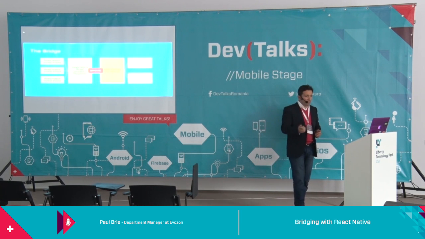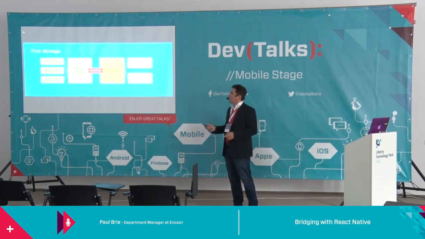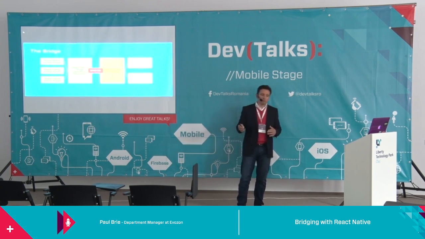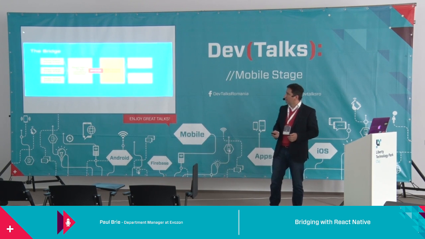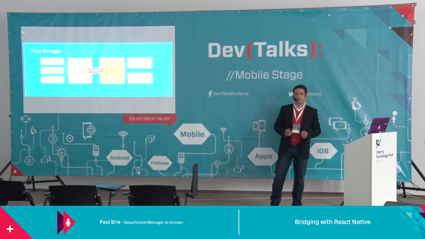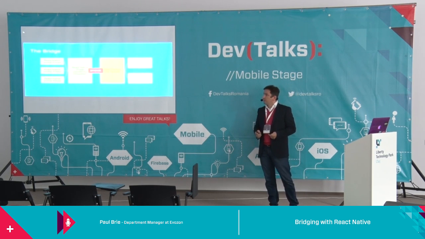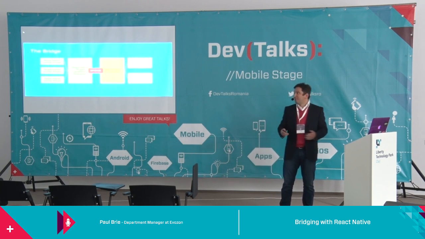In theory, all the frameworks that are mixing JavaScript with native coding are doing the same. But what is absolutely remarkable in React Native is the quality of the bridge, the simplicity of the bridge, its efficiency.